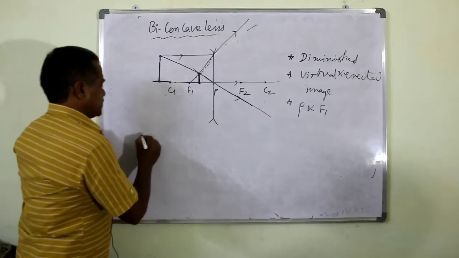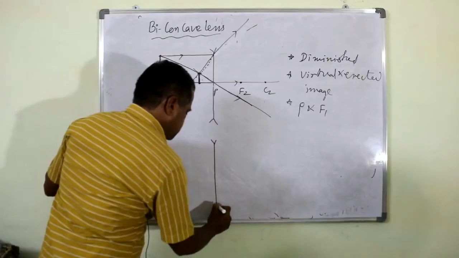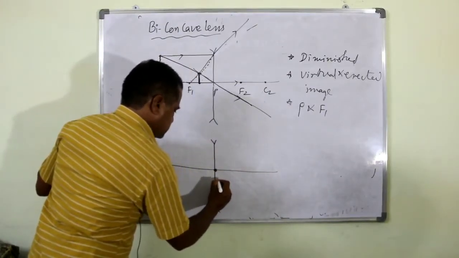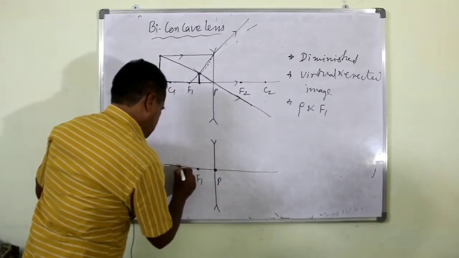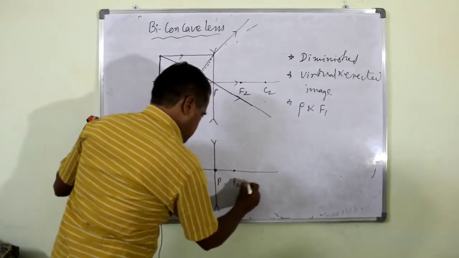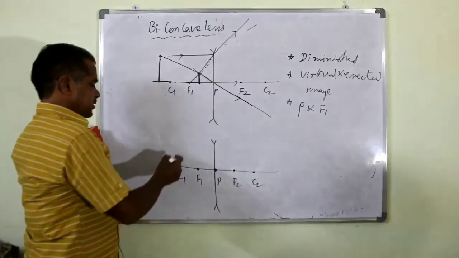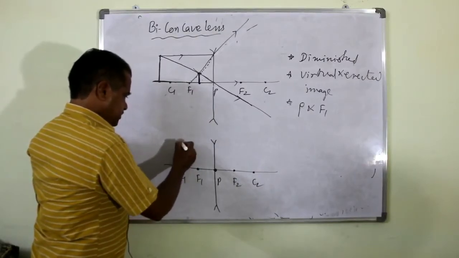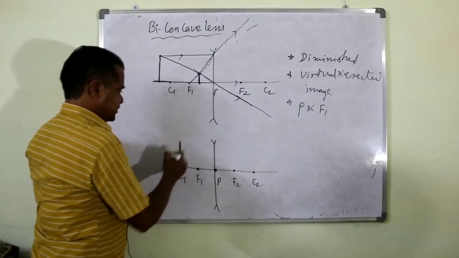Take one more example. If we place an object at the center of the curvature, so pole, F1, C1, F2, C2. Here we are taking one more case. Here we are placing one object exactly at the center of the curvature of the first curved surface.